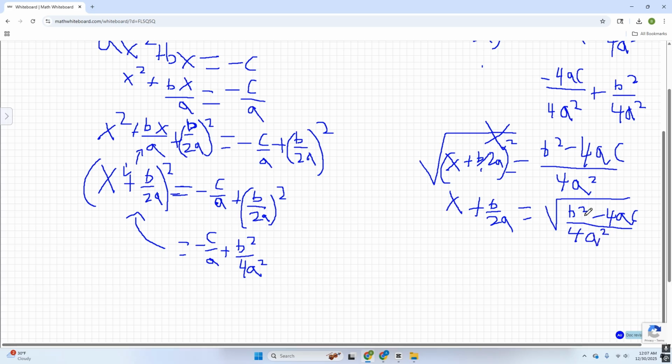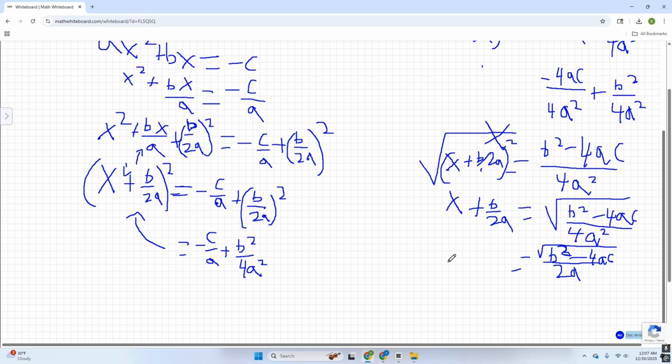But now there's nothing we can directly take the square root of in the numerator, but it's really easy to do that for the denominator. So that would be 2a, and b squared minus 4ac stays under the square root. So we just leave the square root up there.